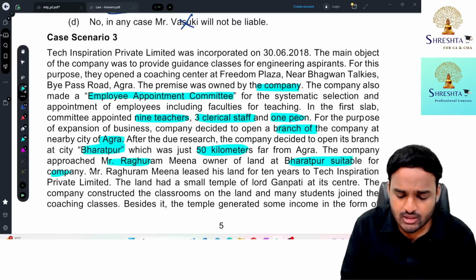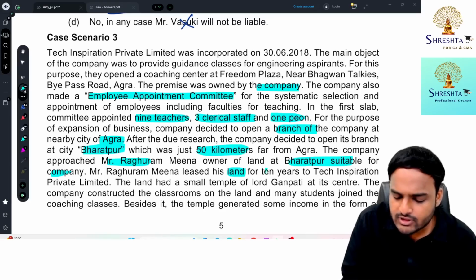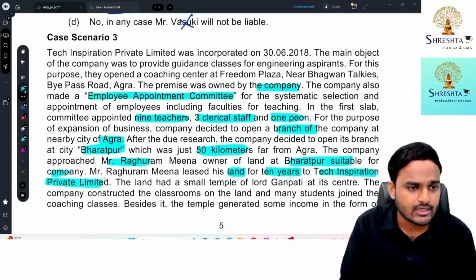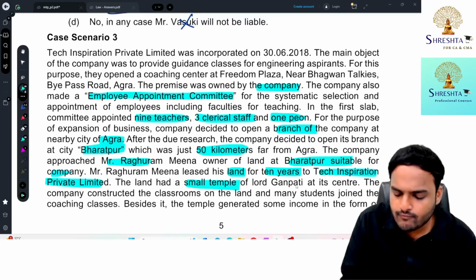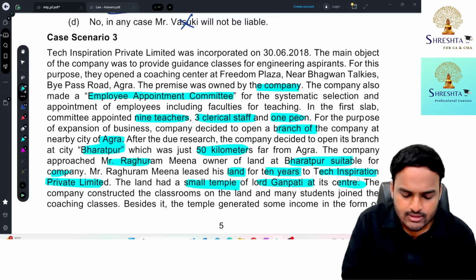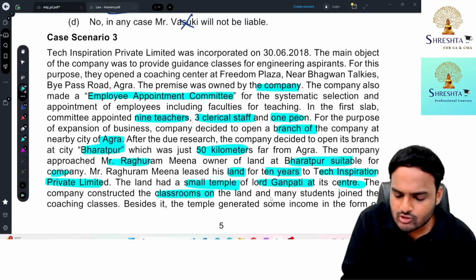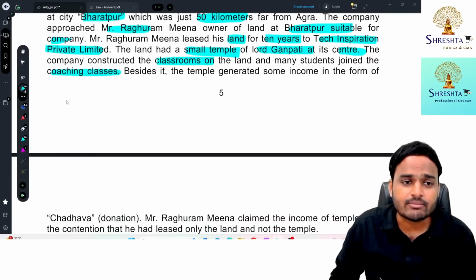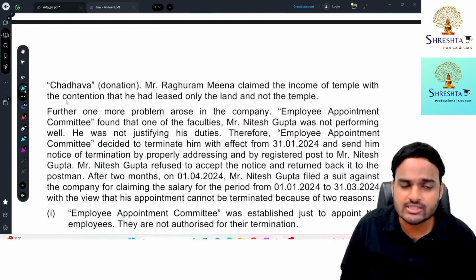Mr. Raghuram Meena leased his land for 10 years to Tech Inspiration Private Limited. The land has a small temple of Lord Ganapati at its center. The company constructed the classrooms on the land and many students joined the coaching classes. Besides it, the temple generated some income in the form of donations.